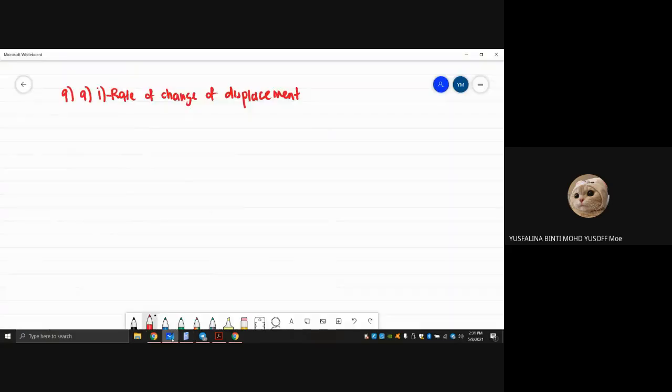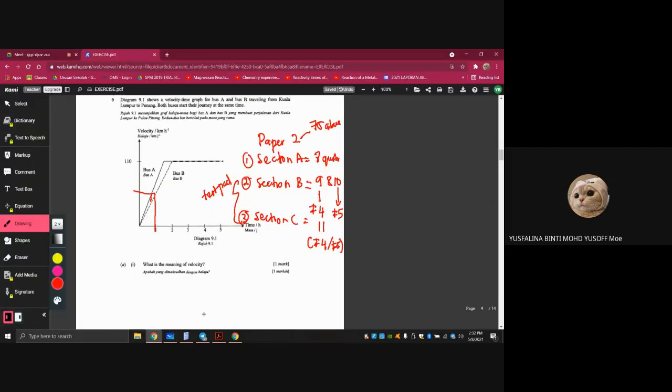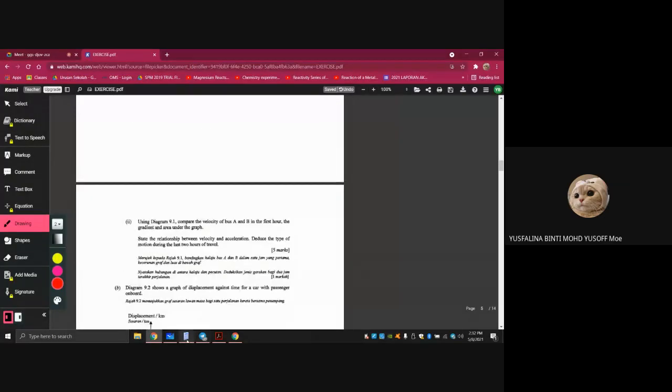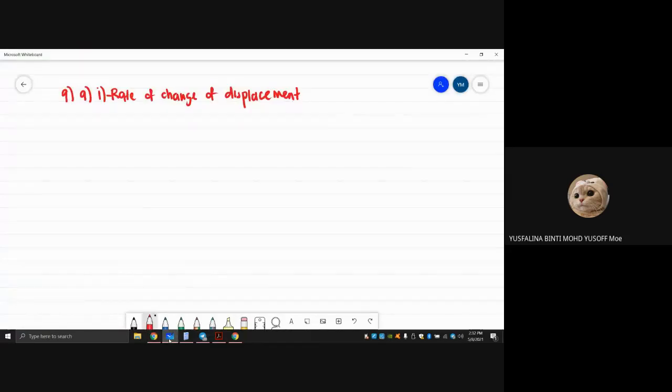This one is A2. For the first mark you put: velocity of A is higher, or velocity of bus A is higher. Okay, next you go to the next one.